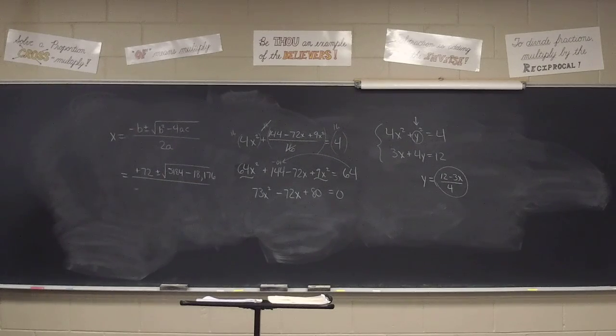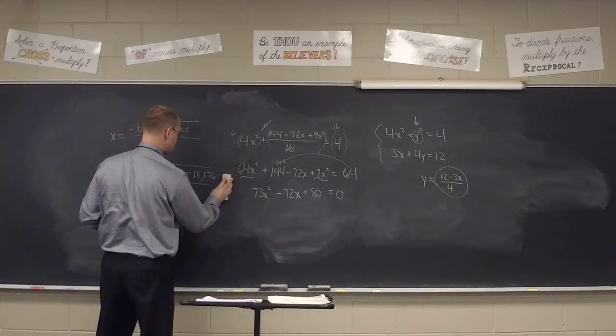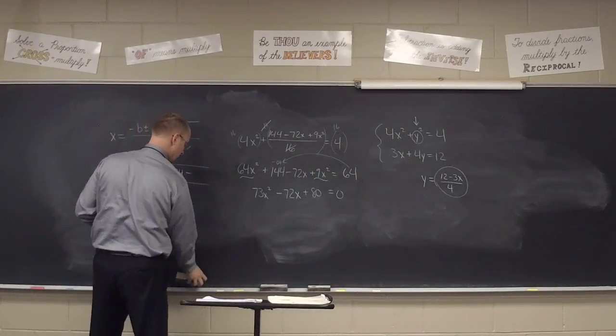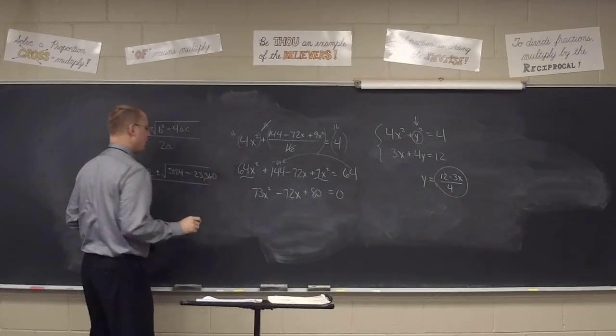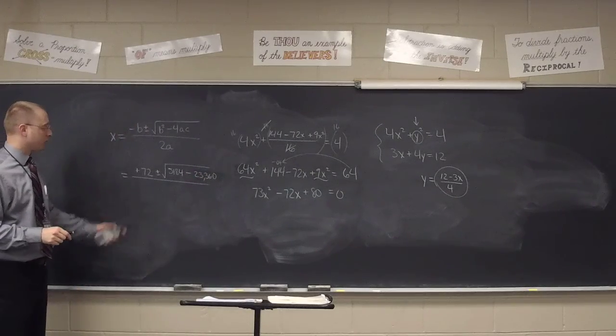Hold on, let me get my calculator. 4 times 73 times 80. I got 23,360. You like that number better? Yeah. I don't think that's going to be the final answer. Oh, but, all over 2a.